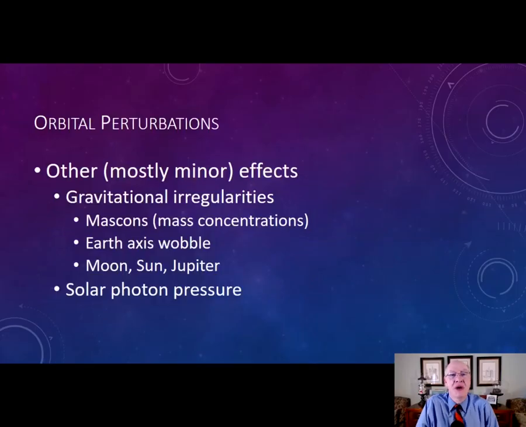All right, what are some other perturbations that happen with satellites? We've seen atmospheric drag, slowing it down, bringing it down to a lower orbit. We've now seen nodal regression, the fact that the orbit wobbles over time. There are some other minor effects that you have to account for. Mass cons, which is short for mass concentrations, will speed up and slow your satellite down.